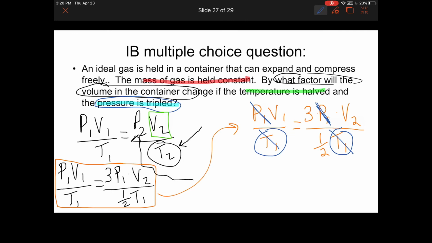And this is sort of my final answer once I touch it up. I'm now left with, and remember there are actually imaginary ones left behind when you cross something out. It's like dividing something by itself. It kind of leaves behind a little 1. But multiplying by 1 does nothing. So I'm left with volume 1 equals 3 times V2 divided by 1/2.